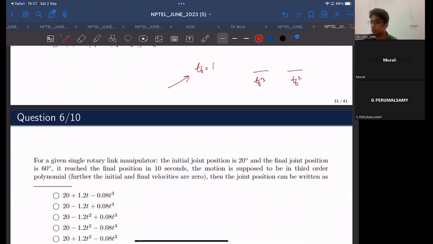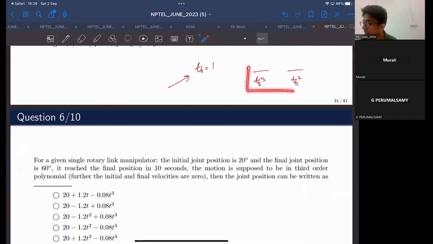So TF cube would be 1000, TF square would be 100. And if your numerator is very small, the terms that contain TF cube and TF square would tend to 0.